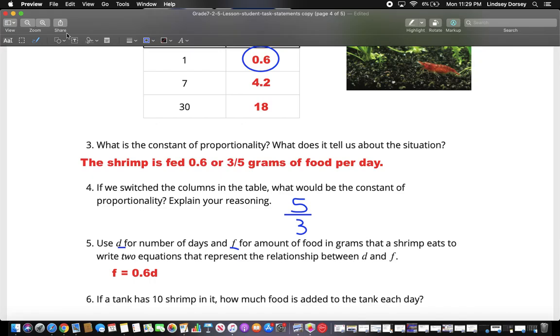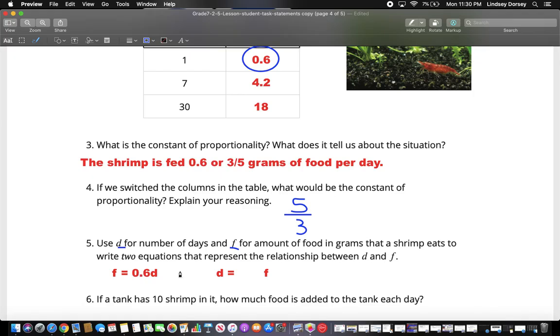Or for our other equation, we know we have to switch our variables. So D equals, and we know we want our new number to be multiplied by F. So what would be our constant of proportionality for this situation?